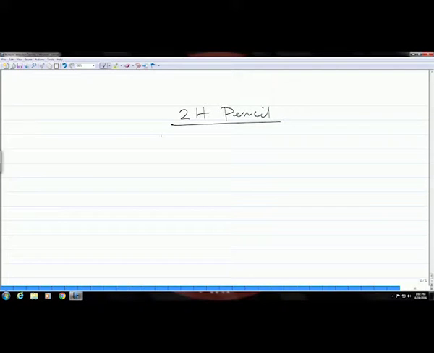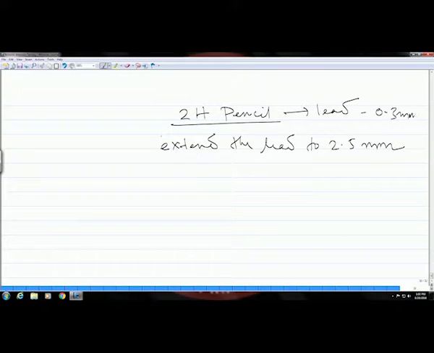So, you take this pencil and then extend the lead up to about 2.5 mm or 3 mm, and the size of the lead is 0.3 mm. Then you take it on a surface, or you can take it on the surface of the component being examined, that itself can be used to break it.